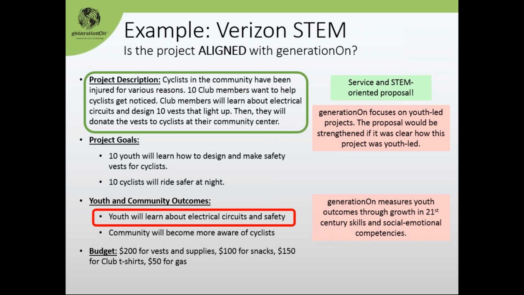Additionally, again, I had mentioned that Generation On uses service as a strategy to help youth improve 21st century skills and social emotional competencies. Under the youth outcomes, it does not say anything about this, so that would have also been, if the grant writer included this language, it would have definitely strengthened the application.